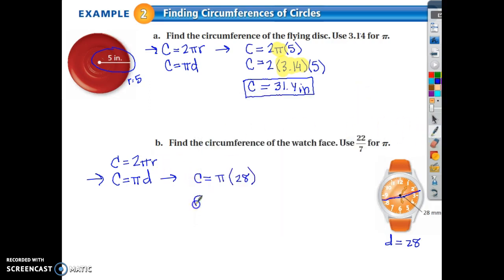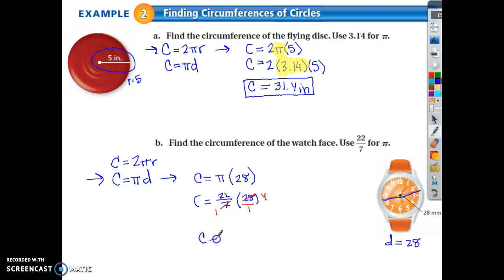So C equals 22 over 7 multiplied by 28. The reason that we're doing this is because now, if I put my 28 over 1, I can go ahead and reduce the 7 with the 28, or cross-cancel. 7 divided by 7 is 1. 28 divided by 7 is 4.